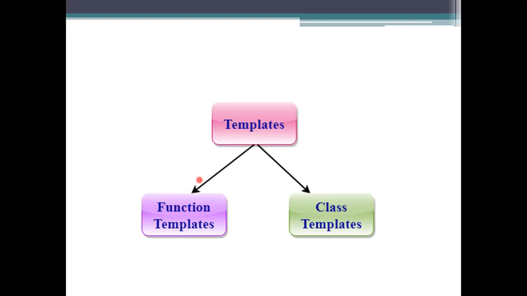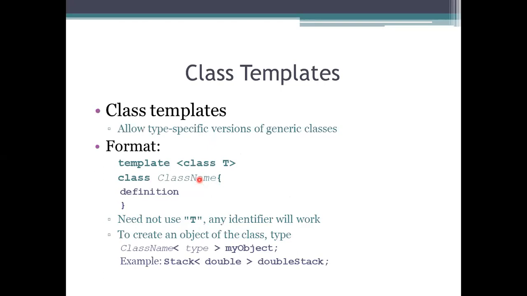When a class has been defined, the class members will be there, and these class members will be independent of the data type. It is not dependent on the data type here.